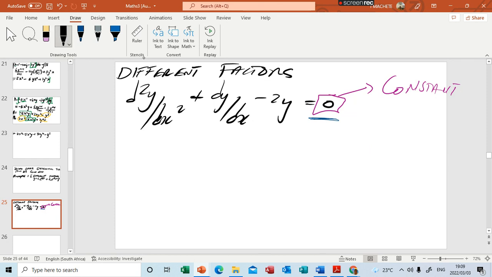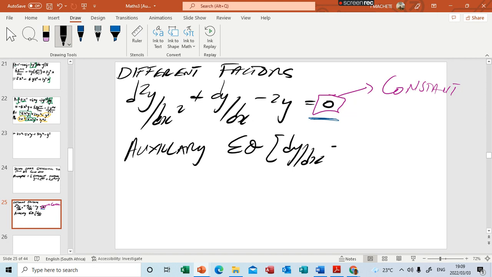The first thing that you do to solve this equation, guys, here's what you do. You find the auxiliary equation. So auxiliary equation, you're gonna replace dy over dx with m. So where is dy over dx, you're gonna put m. So we're gonna take this thing here. Then you're gonna say m squared, right?